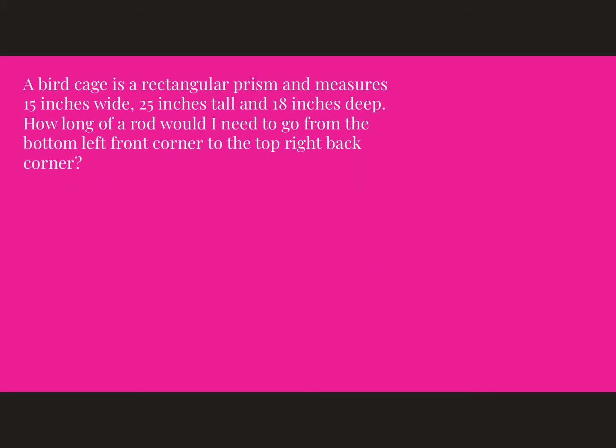One more problem. A bird cage is a rectangular prism. You guys know rectangular prisms are sort of like cubes, but they're made up of rectangles. So I'm going to sort of draw my rectangular prism here. It's a bird cage, right? So here's my bird cage.